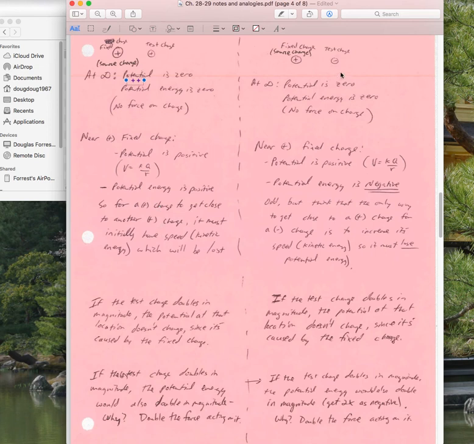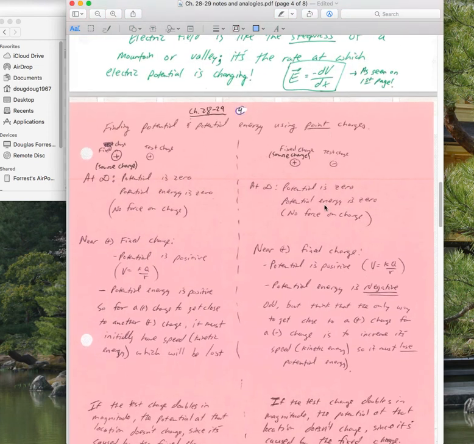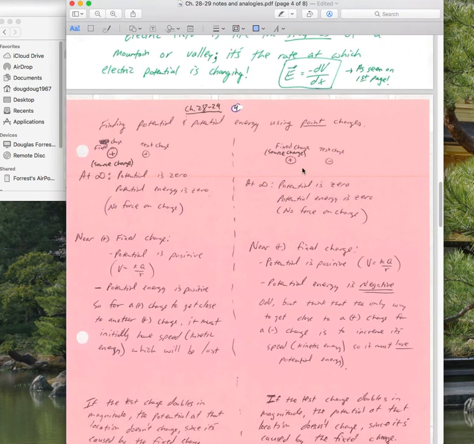Okay. Now, I want you to think about the same fixed charge, but a negative test charge. Once again, at infinity, the potential is 0. Why? Because we're an infinite distance away from this. And the potential energy is also 0. Near the positive charge, the potential is still positive.